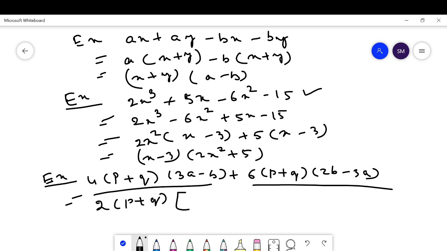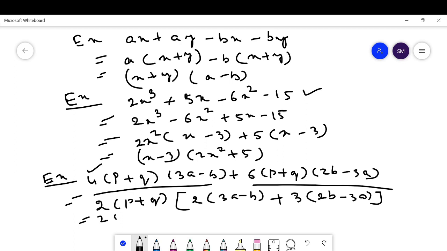When you take common 2 into p plus q, here from 4, 2 remains here, and this term 3a minus p. And in this term, when from 6 you have taken common 2, then what remains here? 3. And p plus q is already taken, then here remains 2b minus 3a.